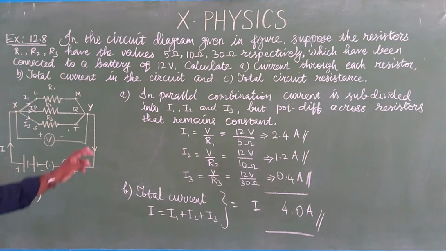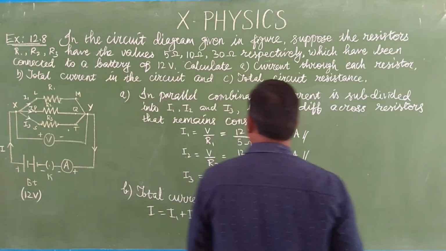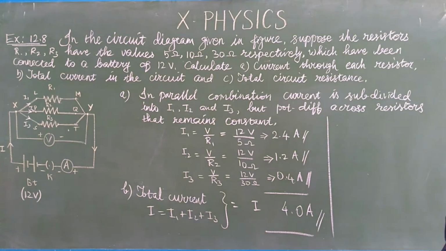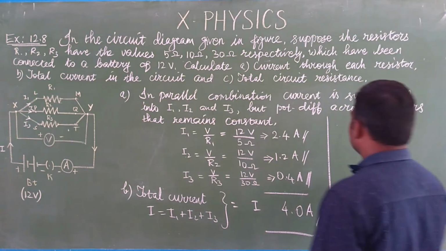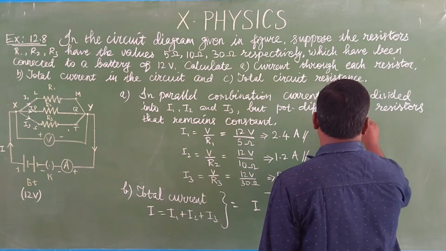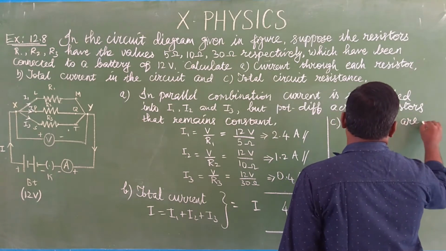Next, they are asking us to find the total circuit resistance. Here the resistors are connected in parallel.